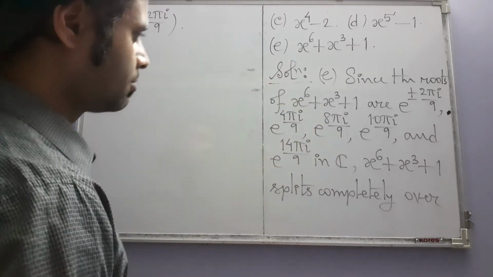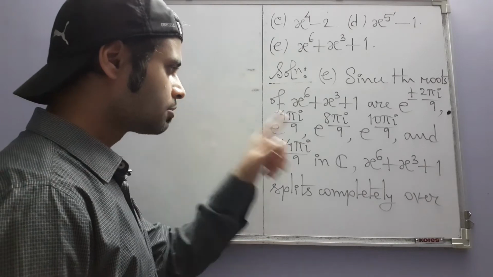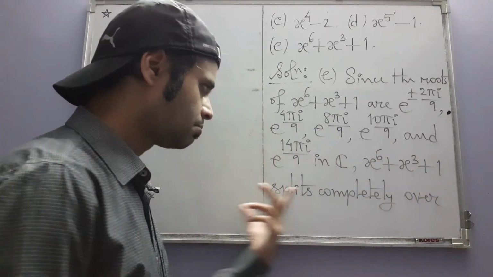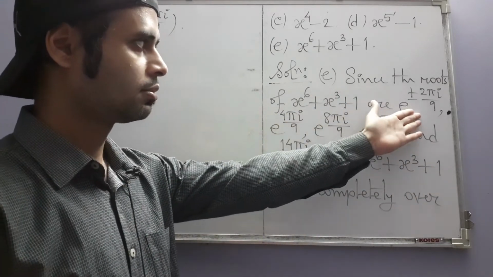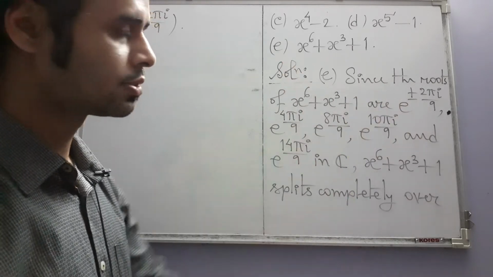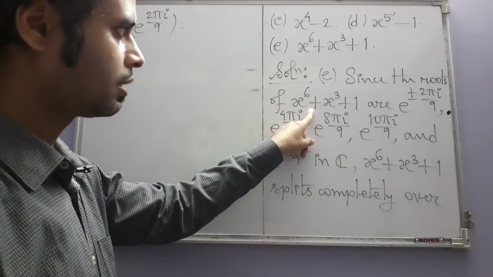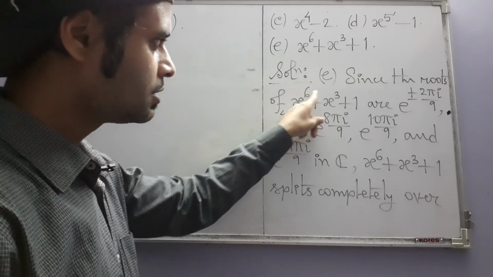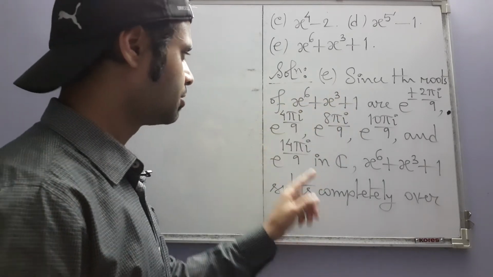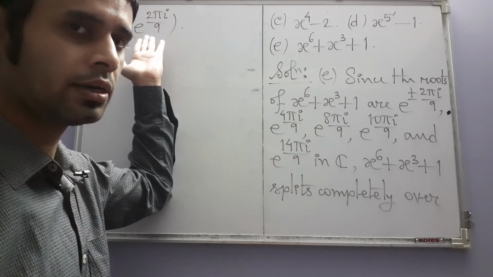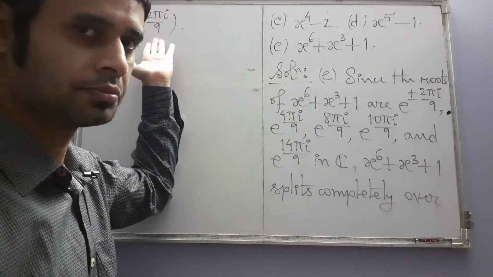Now you can say, okay, fine. So we can write this as a product of linear factors that you will get from these roots, and then you will have to figure out whether this itself is the minimal polynomial of this number that we are attaching or not.